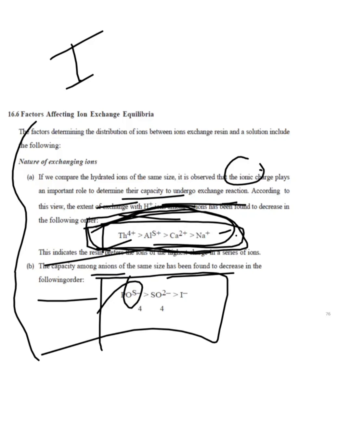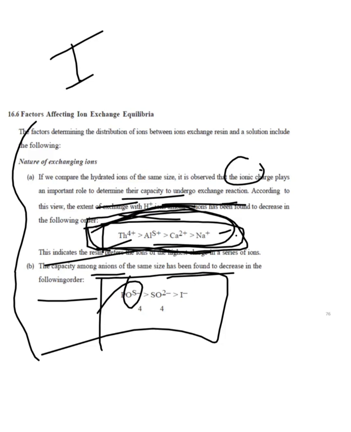The phosphate decreases to sulfate, and further it is decreased by iodide. So this is the decrease. The OH minus ions among the anions have been found decreasing in the following order.